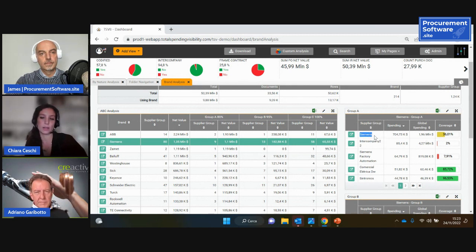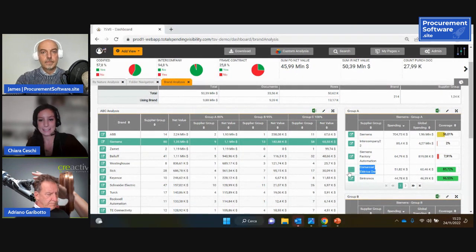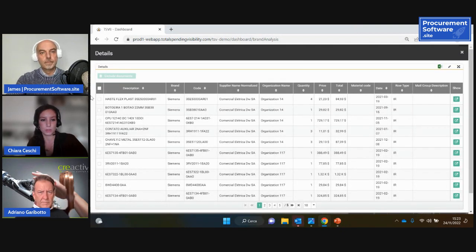So it means that the company is acquiring also directly from Siemens, but we can see other suppliers. For example, I can see this Comercial Eléctrica, which is a third supplier that is not connected with Siemens at all. I can see the details of this supplier again and see what are the rows, the spend lines that compose these suppliers.